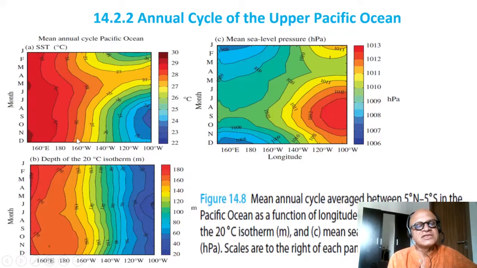And you can see as you go eastward there is a strong seasonal cycle. You have cold SSTs in the beginning; this is showing December, so maybe we should go down January, February, March, June, July to December.